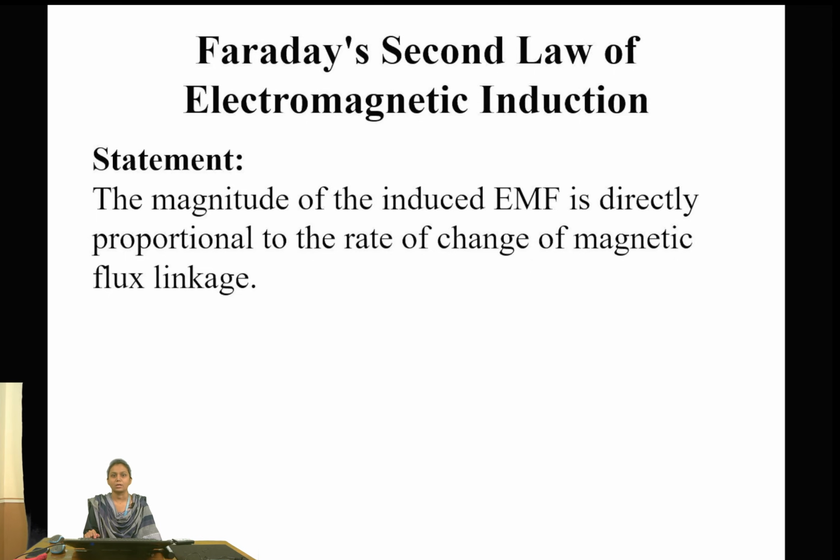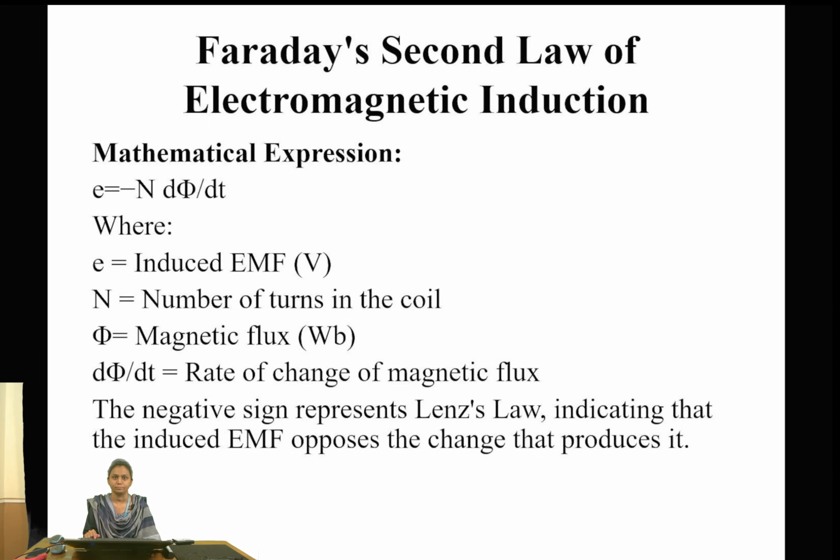Next one is Faraday's second law of electromagnetic induction, and the statement for the same is the magnitude of induced EMF is directly proportional to the rate of change of magnetic flux linked with it.